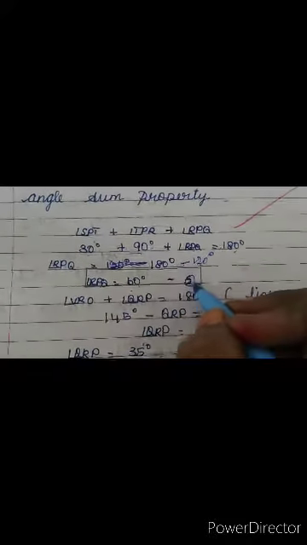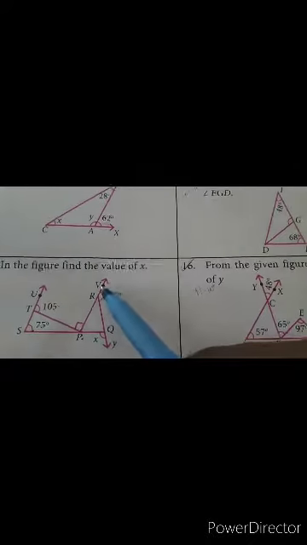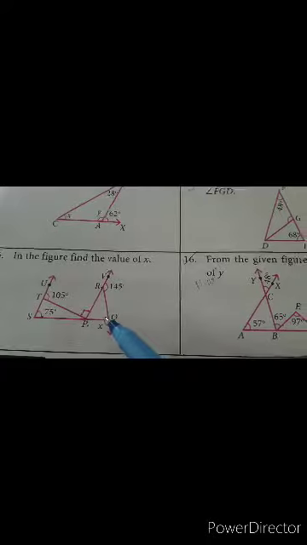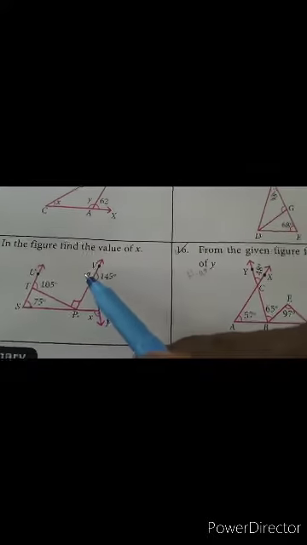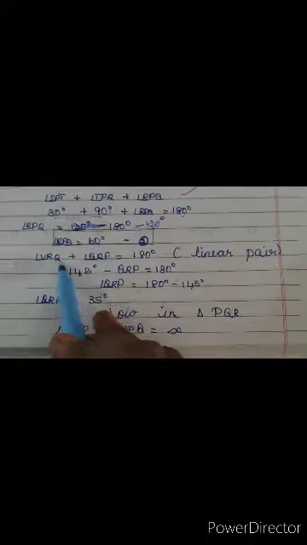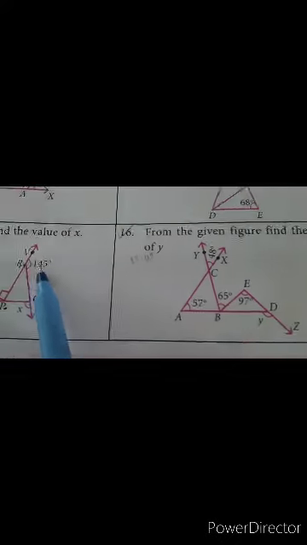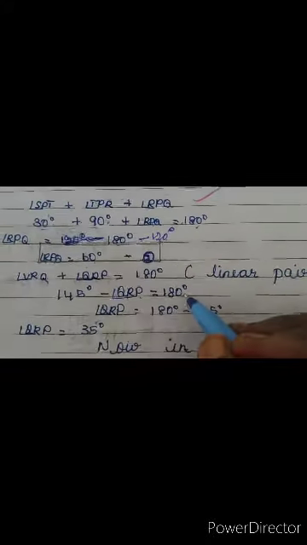This is equation 2. Now as a linear pair, angle VRQ, which is given in the figure, plus angle QRP equal to 180 degrees. Now VRQ is given here as 145 degrees. So 145 degrees plus angle QRP equal to 180.